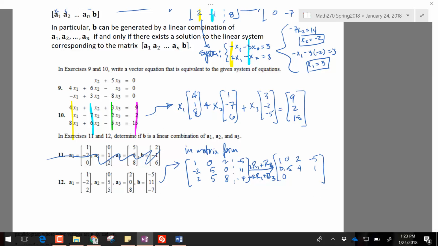We have 0, and then multiply the first row by negative 2, that's negative 4, add to 8. And then multiply the first row by negative 2, that's positive 10. Positive 10 minus 7.